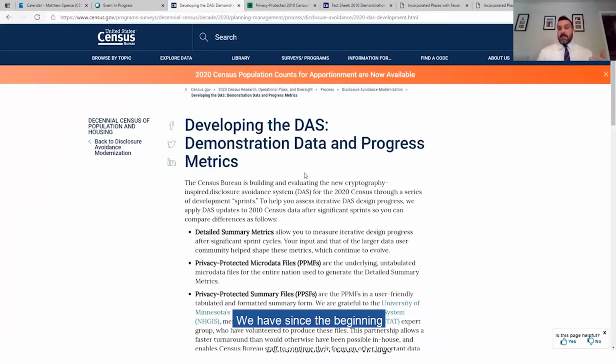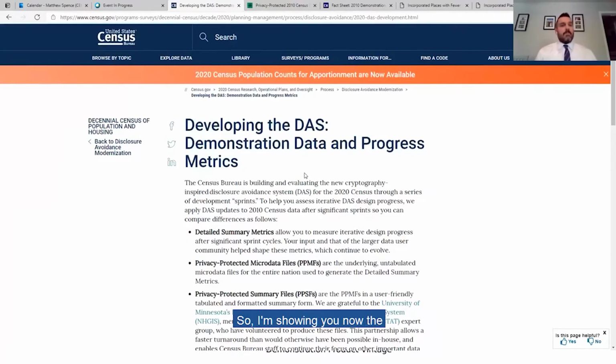We have, since the beginning, worked hand in hand with the disclosure avoidance science team and others to evaluate the use cases and the accuracy of the data that we've received as part of these disclosure avoidance improvements and developments over the years.